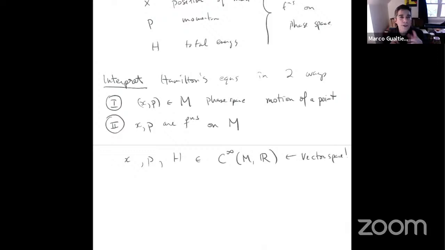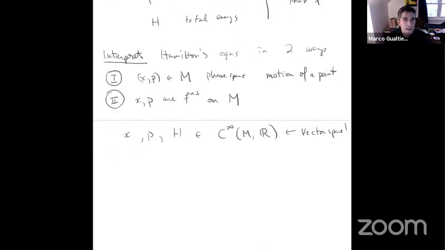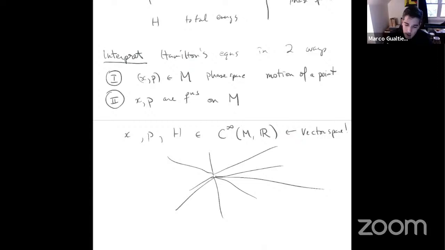And you could think of this infinite dimensional vector space as being the place where the dynamics happens. It's infinite dimensional, so there are many axes. And we've got this point, which is the function x, inside this infinite dimensional space.